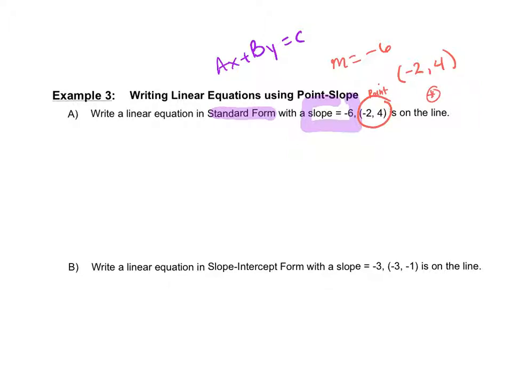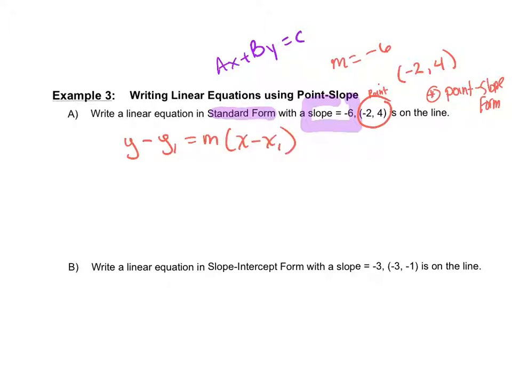Therefore, if you're given point and slope, you're going to use the point slope form. Use the tools that they give you. They're giving you point and they're giving you slope. Use point slope. So first of all, you're going to write it in point slope. Y minus y1 equals m times x minus x1.